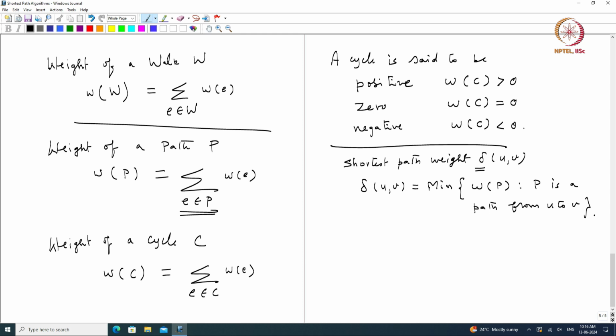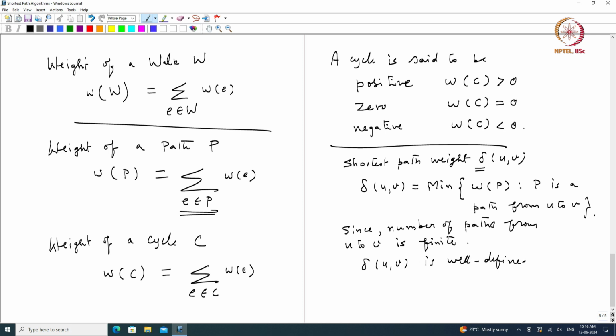Okay. This is well defined because number of paths is finite. Since number of paths from U to V is finite, delta UV is well defined and finite.